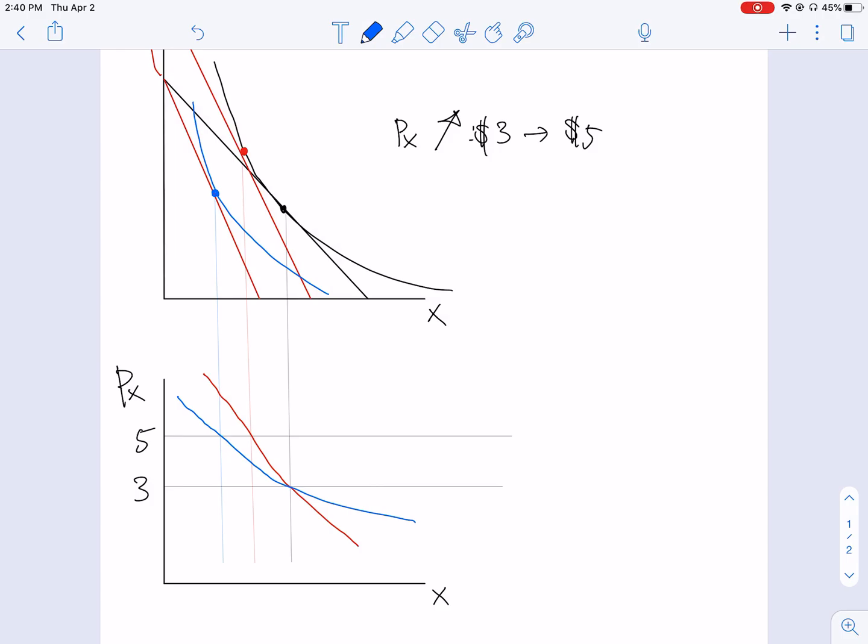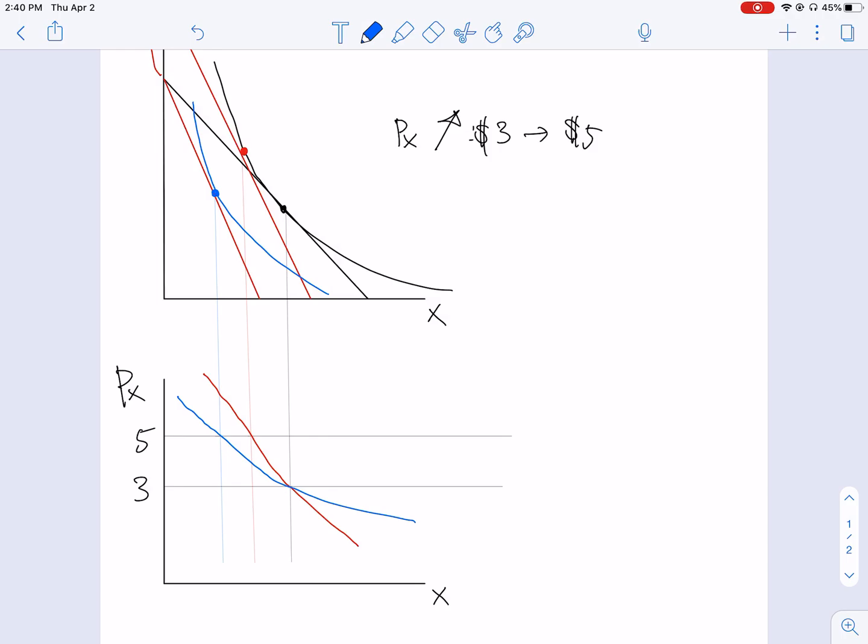It's because when the price goes up from $3 to $5, the consumption changes from the black dot to the red dot when you consider only the substitution effect. And if you include every effect, the income effect and the substitution effect, it changes from the black dot to the blue dot here. So we can draw two demand curves. Of course, the blue one is the real demand curve.